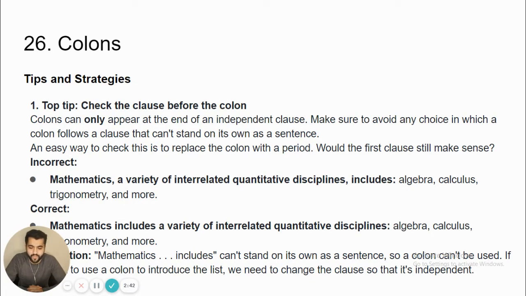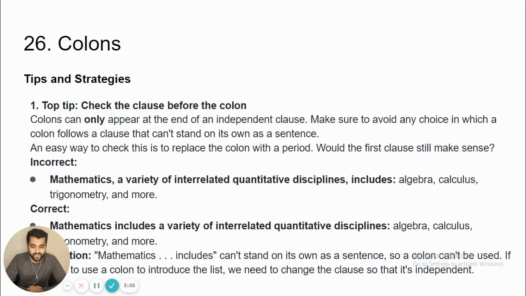Okay, so: mathematics, a variety of interrelated quantitative disciplines, includes algebra, calculus, trigonometry, and more, right? So in this case, if I take out the non-essential clause, that is a variety of interrelated quantitative disciplines, let's read it again. Mathematics includes algebra, calculus, trigonometry, and more.